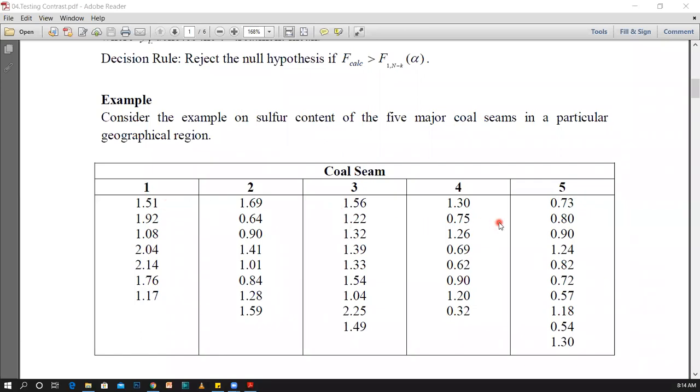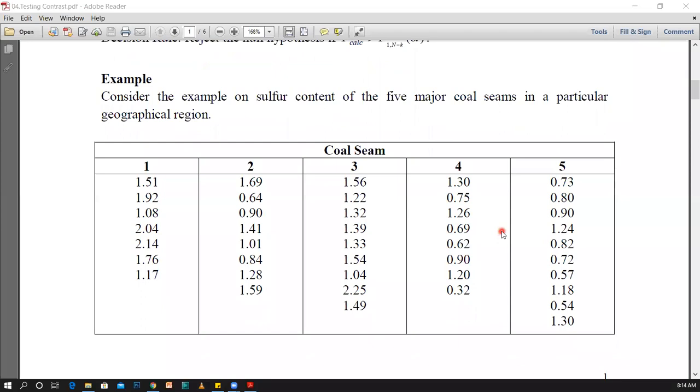We have 5 coal seams, and for each of these we have several observations: 7, 8, 9, 8 and 10 observations respectively for coal seam 1 to coal seam 5.